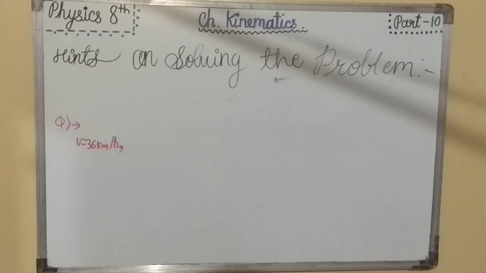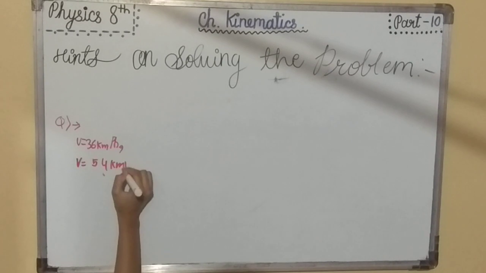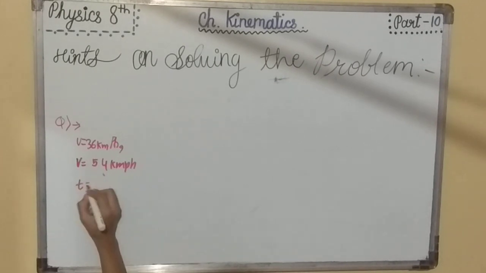Next point is speed up to 54 km per hour, means its final velocity v is equal to 54 km per hour, and the time is given as 5 seconds.